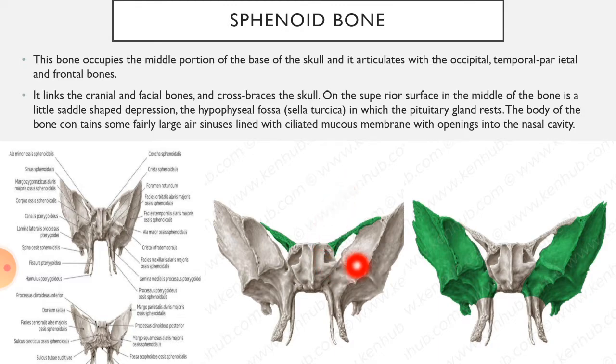This wing, which is highlighted with green, is its lesser wing, and this one is the greater wing, and this forms the middle portion. It covers most of the middle portion of the base of the skull, and this is the bone that basically joins the facial bones with the cranial bones.